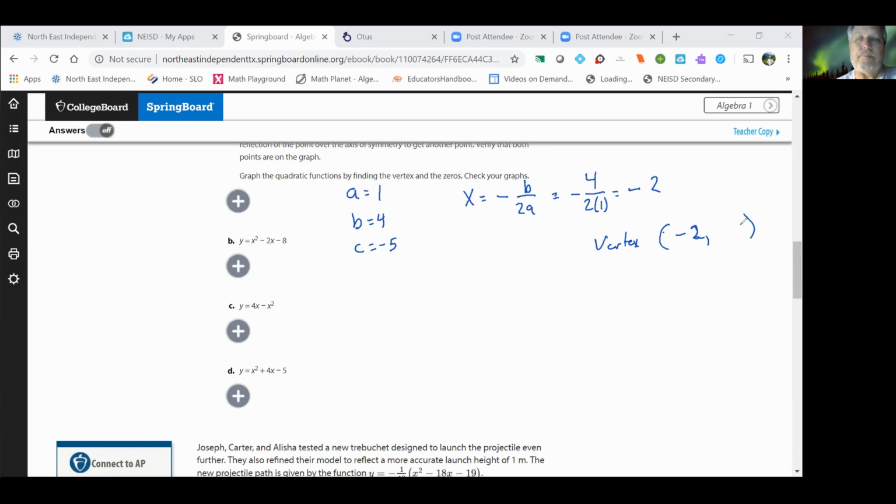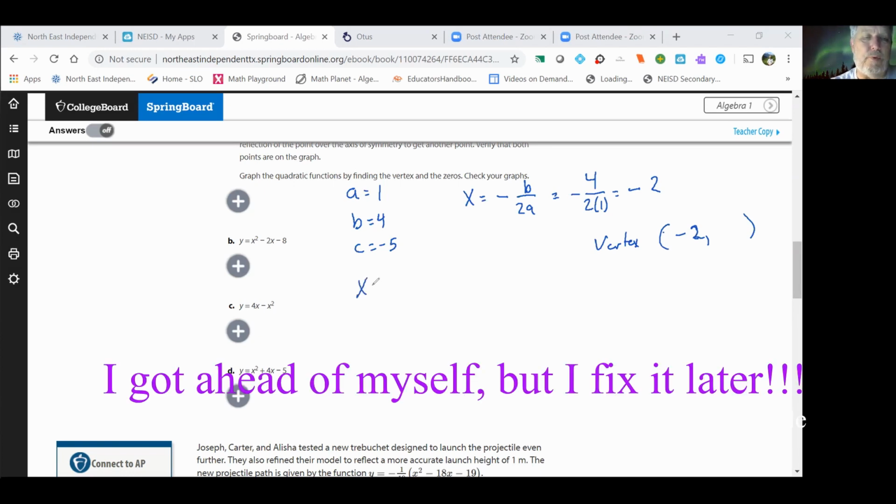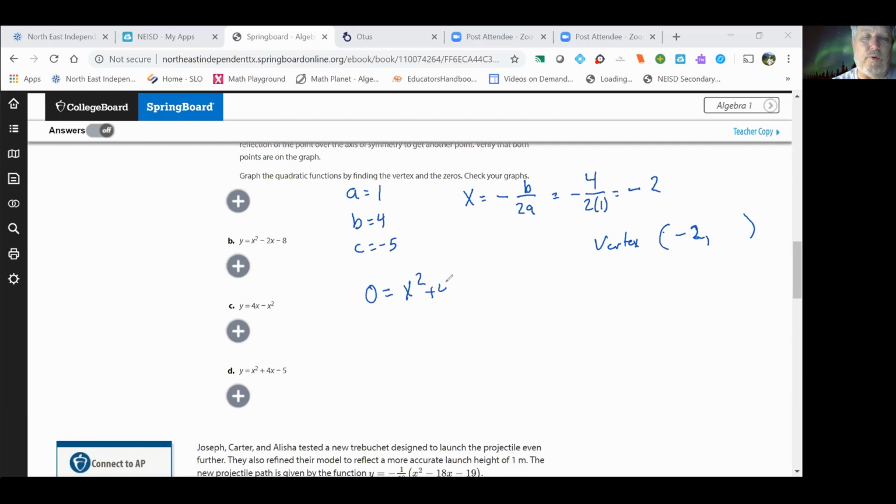All right, so now we're going to go ahead and factor this to find the remaining points, the zeros of the graph. 0 is equal to x squared plus 4x minus 5. And we're going to go ahead and factor these. So we have our x there and x there. The back sign tells me the signs are going to be different.